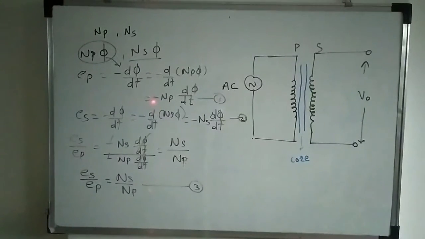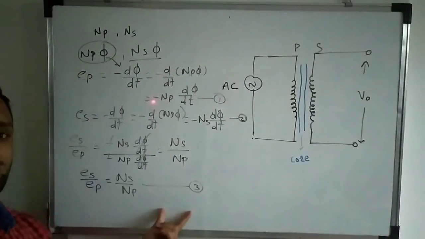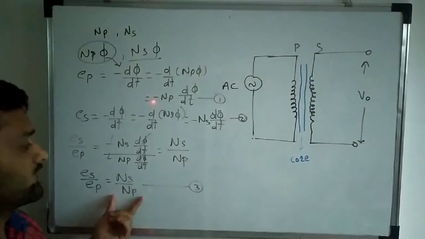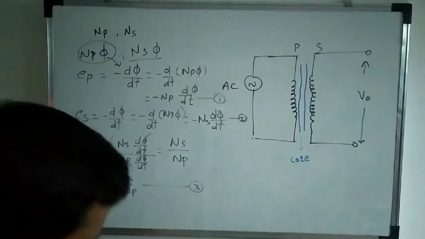Now what is NS upon NP? NS means the number of turns across the secondary coil, and NP is the number of turns across the primary coil. This ratio NS upon NP is called the turn ratio. So equation 3 is called the equation of transformer and NS upon NP is called the turn ratio.